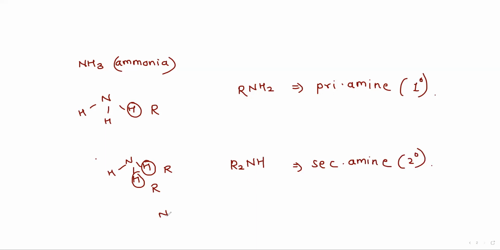And the third one, I will replace all 3 hydrogen atoms by R group, that is alkyl group, and I will get the formula R3N, which is called tertiary amine and which I will depict as 3 degree amine. So that's how we can get the structures of primary, secondary and tertiary amines from the ammonia structure.